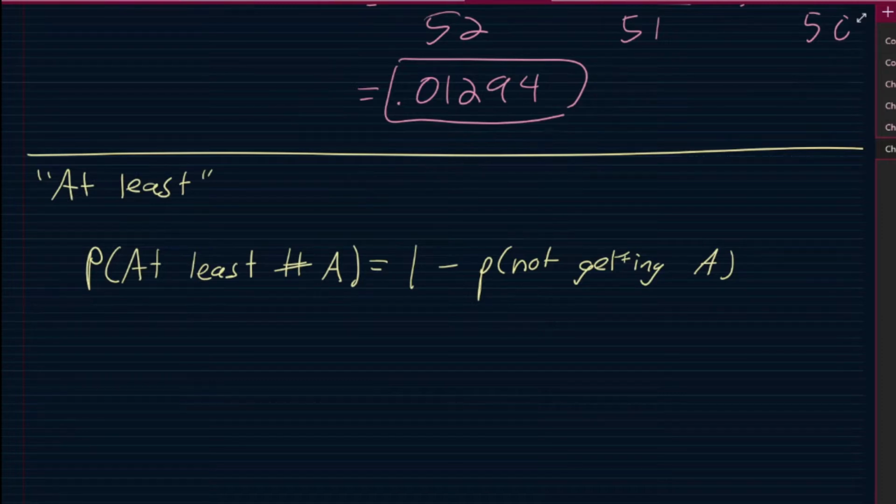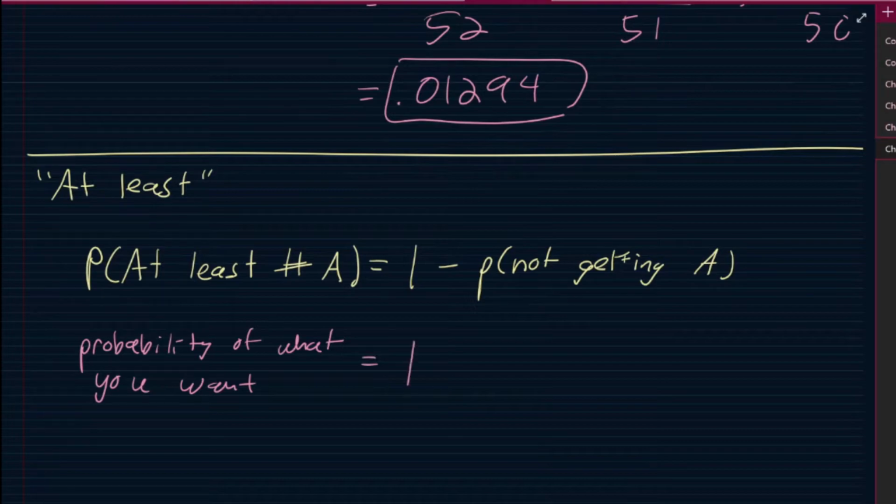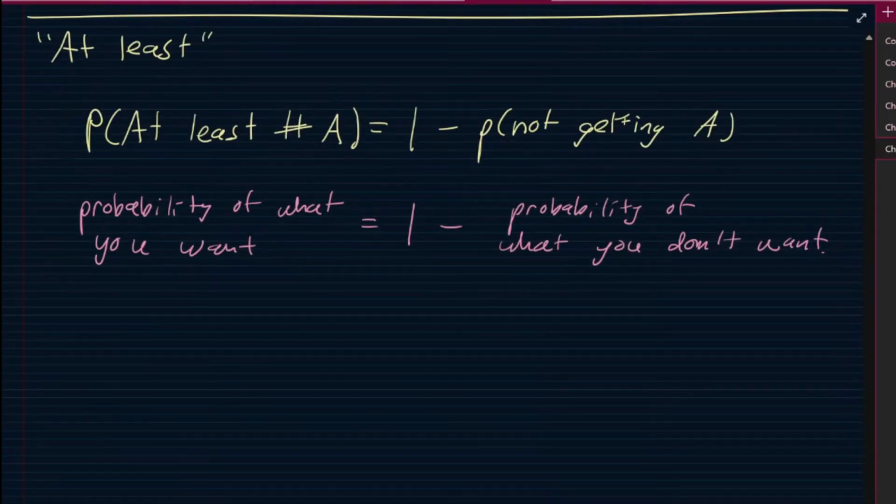So the probability of what you want, I could even write it out in words, is equal to 1 minus the probability of what you don't want. That's kind of, in words, what this formula is saying. And again, you want to use this when you see the key phrase of at least.